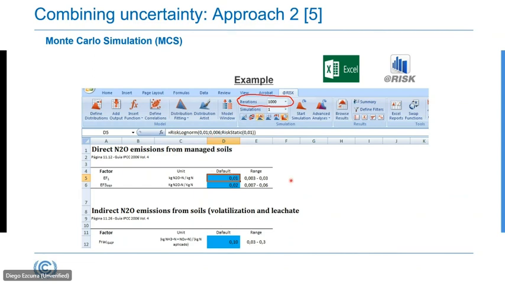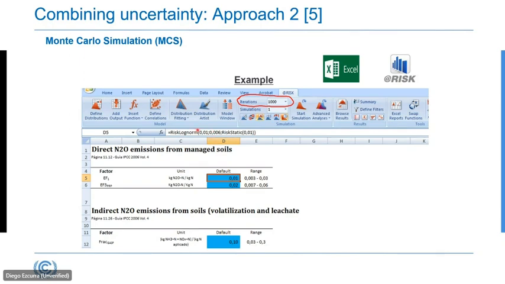So I changed the value 0.01 from this cell that I've used to calculate the emissions in the GHG inventory. I removed the value and I've included a formula representing a probability density function. In this case, it's a log normal distribution with a mean value of 0.01 and a standard deviation of 0.006.